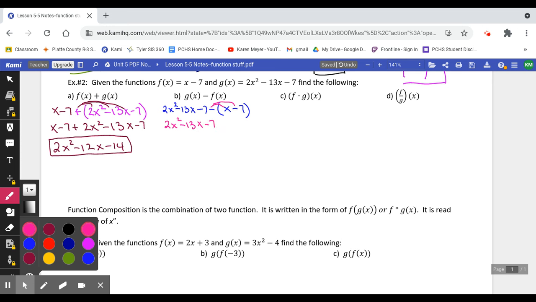So that means my x would become negative and my negative 7 would become positive. And then we just combine like terms. So 2x squared minus 14x. And then the 7s cancel out. So we're done.